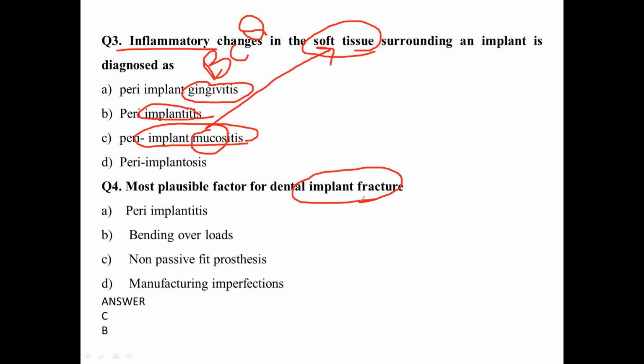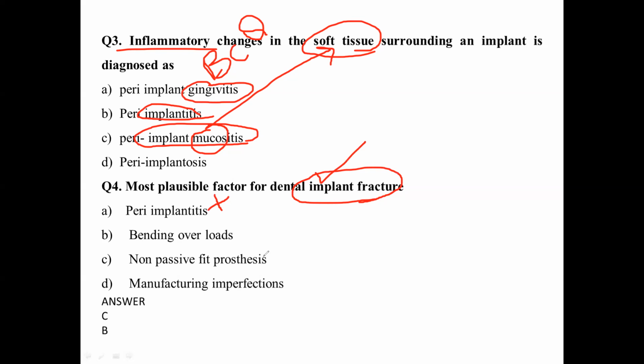It means there is some problem with the prosthesis itself, or maybe the design of the implant, maybe the loading angle of the implant. That has nothing to do with oral hygiene of the patient because it is causing fracture of the implant. The question is talking about something else. So, common sense: the question is not talking about peri-implantitis, an inflammatory condition.